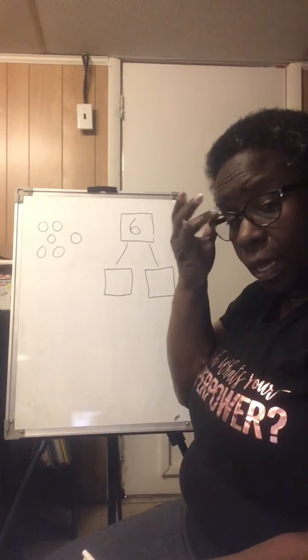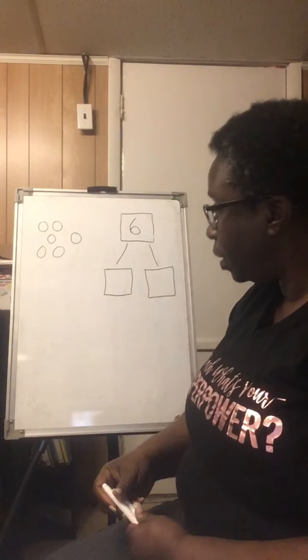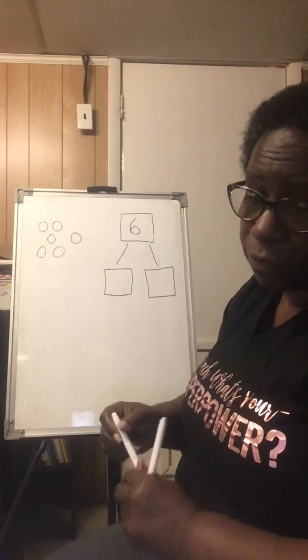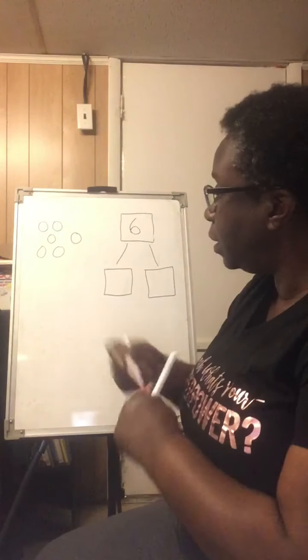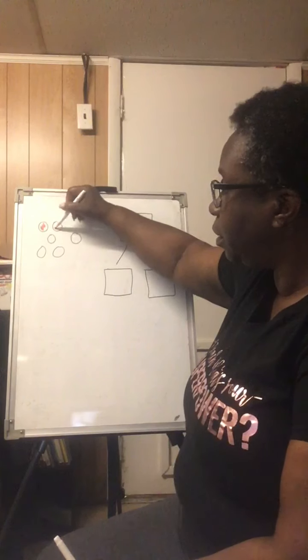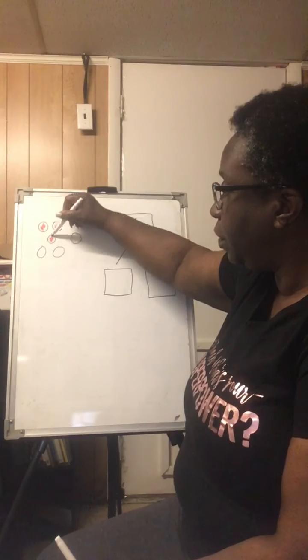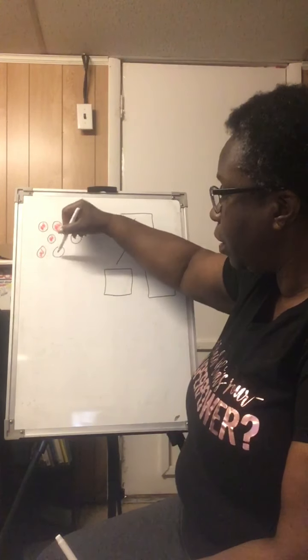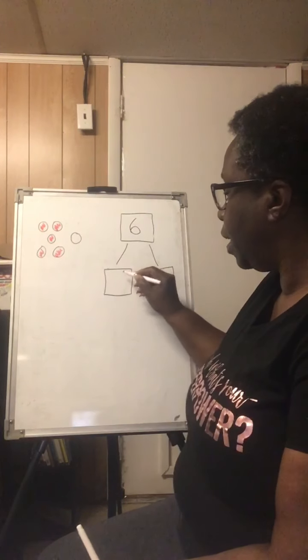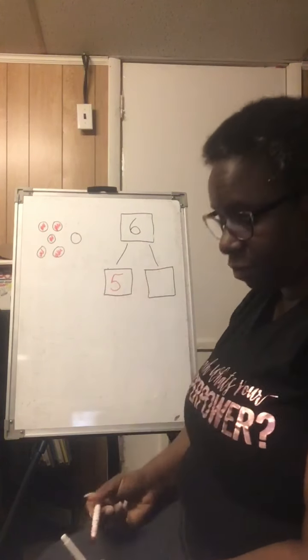On our paper, you might come up with different numbers if you do it different ways. So we're going to start. I'm going to color 1, 2, 3, 4, I'm going to color 5 red. That gives me my 5.